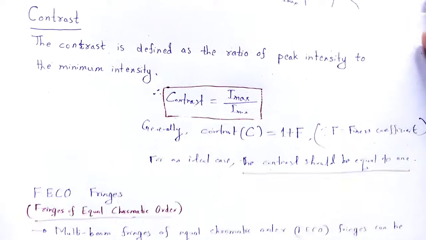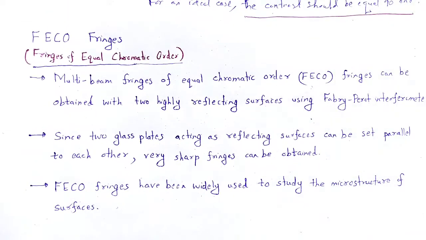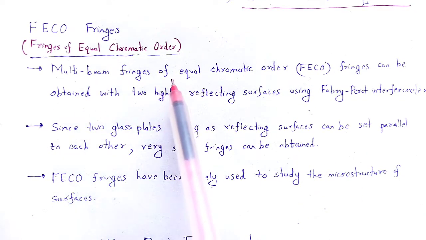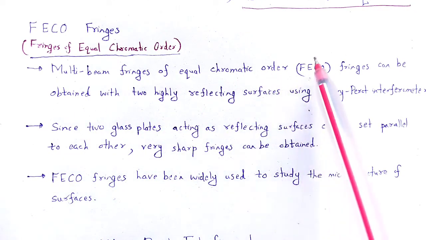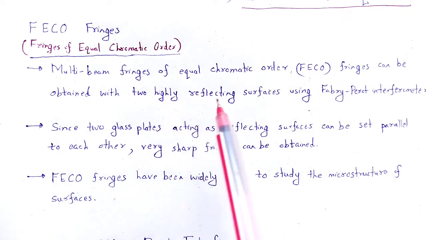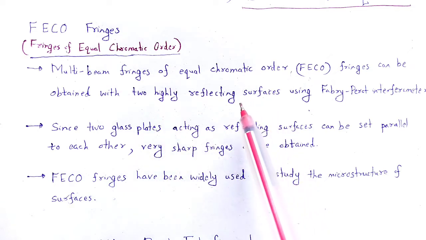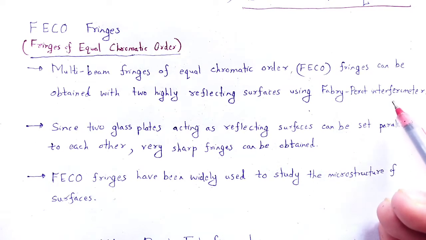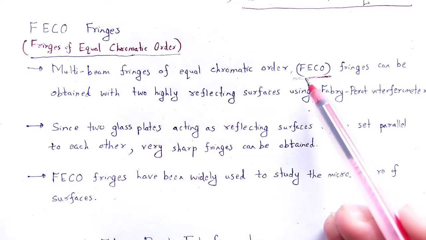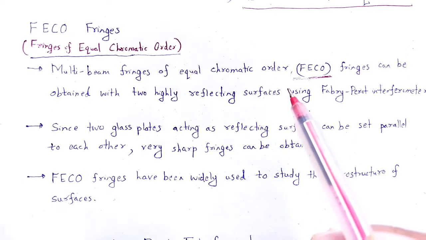Next term, FECO fringes, fringes of equal chromatic order. Multi-beam fringes of equal chromatic order, named FECO fringes, can be obtained by two highly reflecting surfaces. These are used in the Fabry-Perot interferometer.